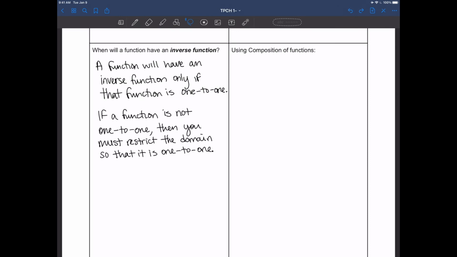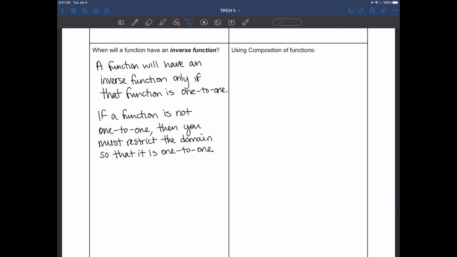If a function is not one-to-one, think a quadratic, then you must restrict the domain so that it is one-to-one. On that restriction, you can find an inverse, but only on that restriction, not for the whole thing.